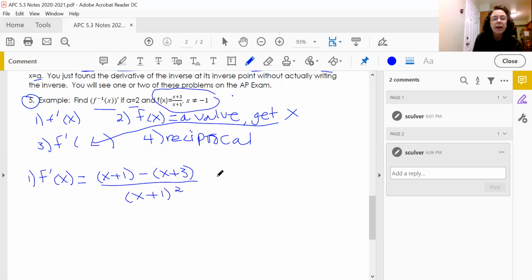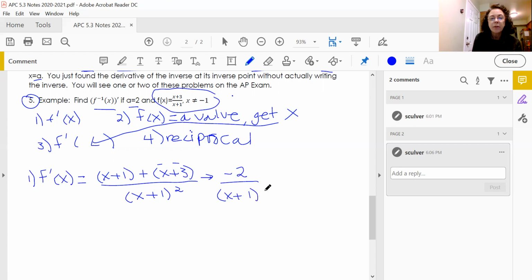Let's clean that up. The x's cancel in the numerator when I distribute that negative, and I have plus 1 and a negative 3. So I have negative 2 over (x plus 1) squared.